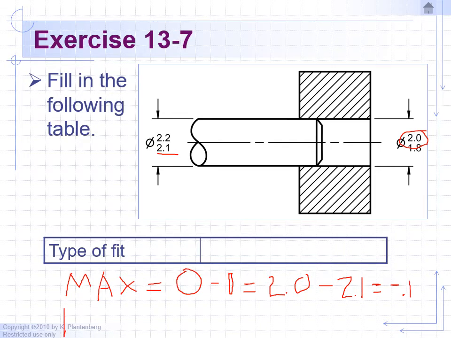Now let's calculate our minimum. Okay, so our minimum is going to be small hole minus large shaft. Okay, so let's take a look at the small hole. The smallest hole allowed is 1.8, so 1.8. And we're going to subtract the largest diameter allowed for the shaft, which is 2.2.